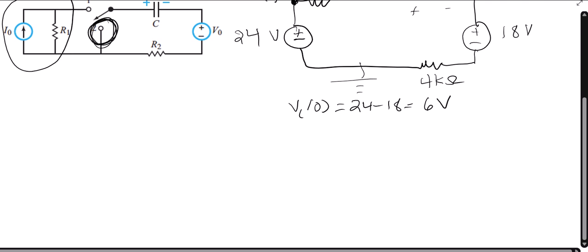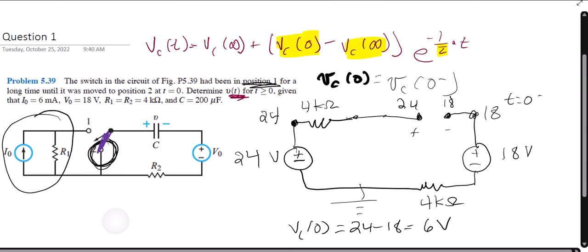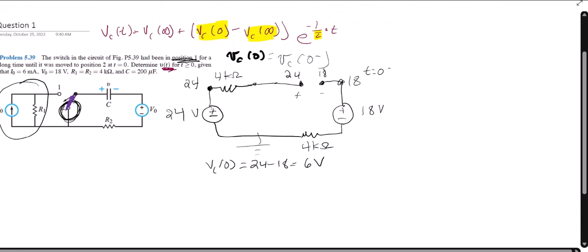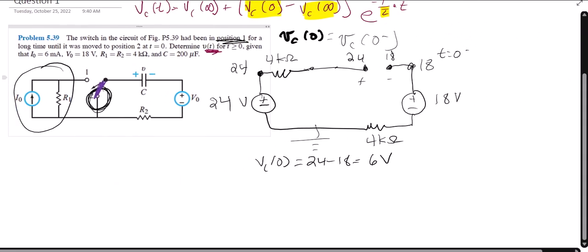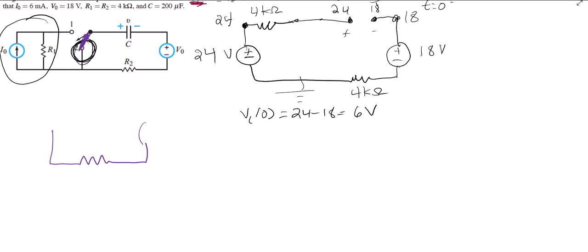Okay, so now let's take a look at Vc at infinity. Now we're going to say that we have closed the switch right here, which has moved to position 2 at t equals 0. And so now our circuit looks like this. Now we're at infinity, so it's been a long time again, so I'm going to write my capacitor like an open circuit again.